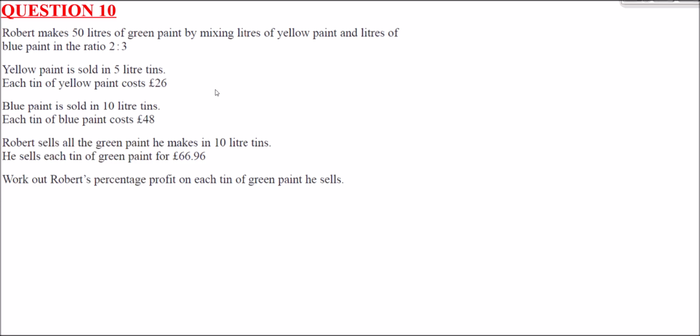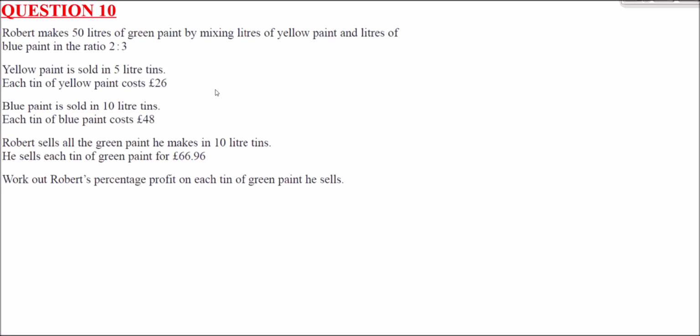Blue paint, however, is sold in 10 litre tins, and each tin of blue costs £48. What he's going to do, he's going to sell all of the green paint he makes in 10 litre tins. He sells each tin of green paint for £66.96. Work out Robert's percentage profit on each green tin of paint he sells.